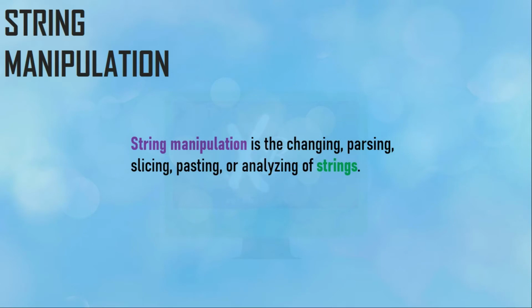If I try to define string manipulation, it is the changing or parsing or slicing or pasting or analyzing of strings. So if you are slicing a word, that's something unfair you are doing to a string. For example, I wrote a string, international, and I sliced it, so only national came out. That's unfair, right? I'm changing the complete meaning of the word from international to national.